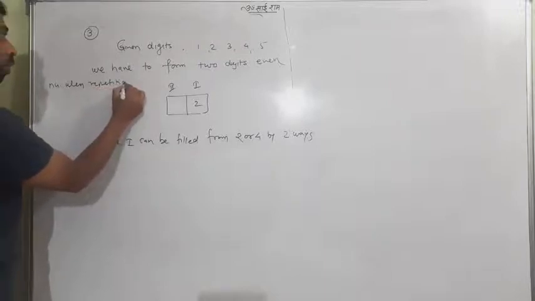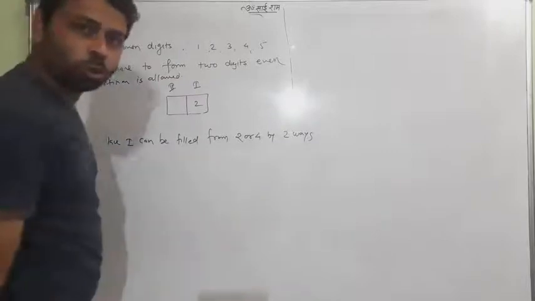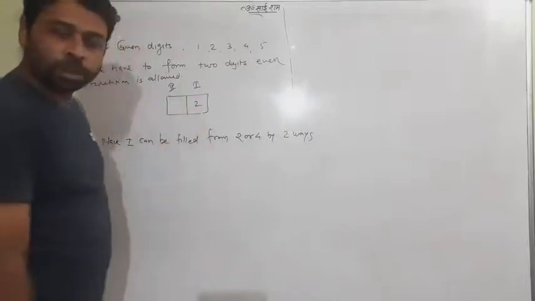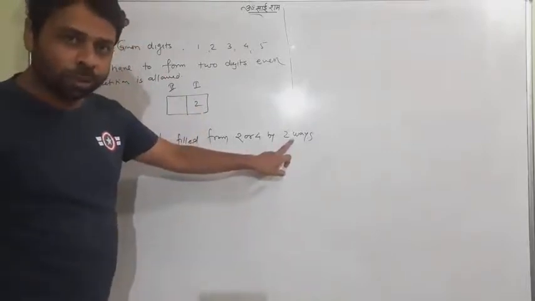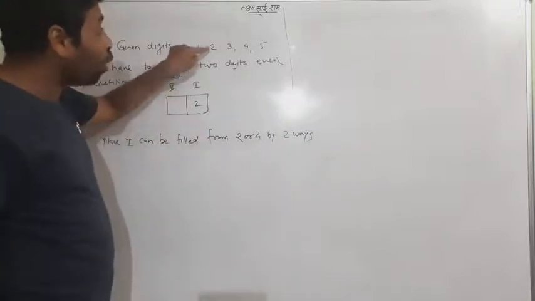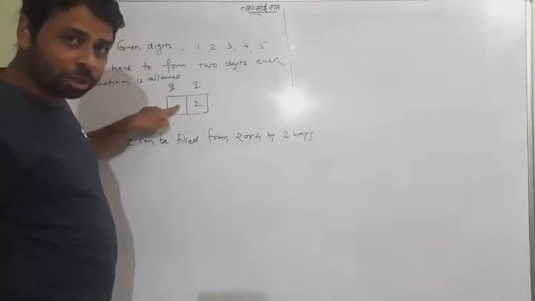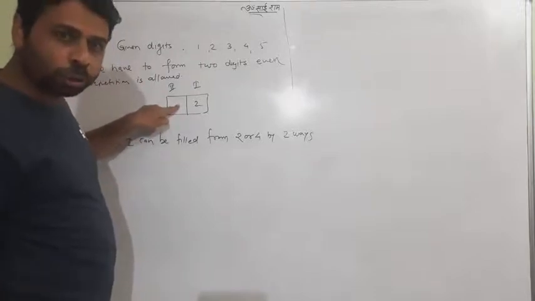Okay, no matter at all. So the same I'll do. Don't be afraid. This is the restricted place which can be filled by two ways. When digits can be repeated, now 1 can come here, 2 also can come here, because digits can be repeated. It is given in the question.